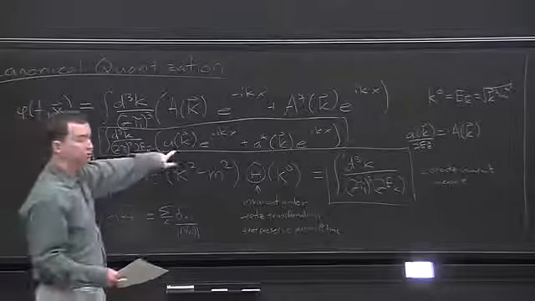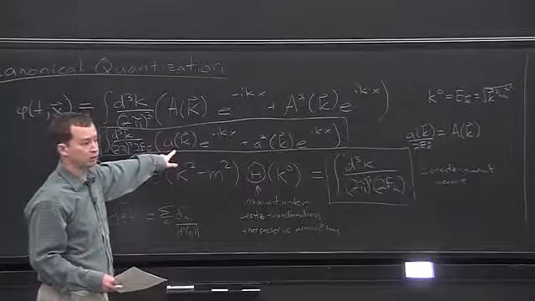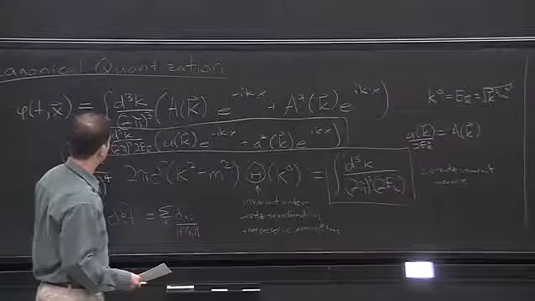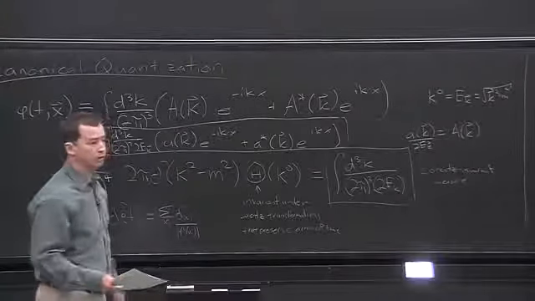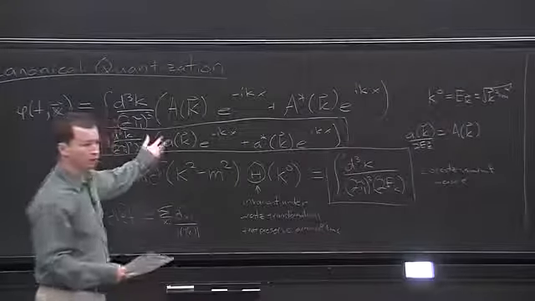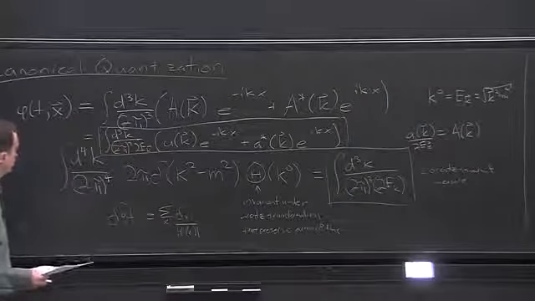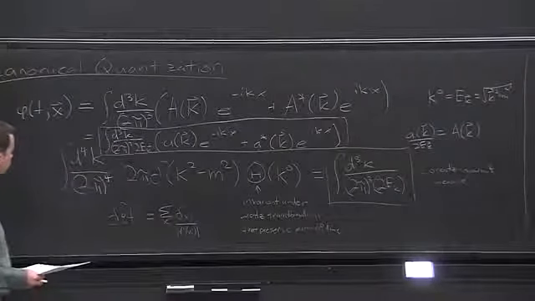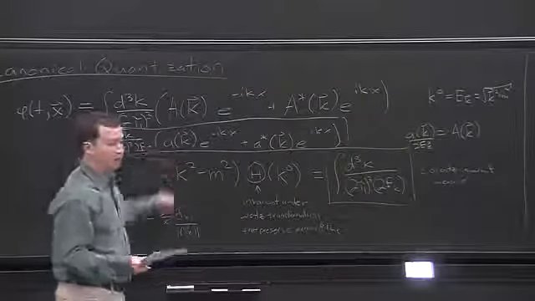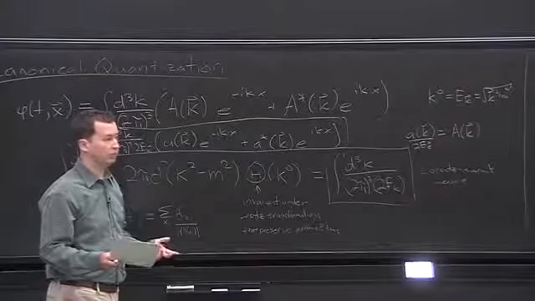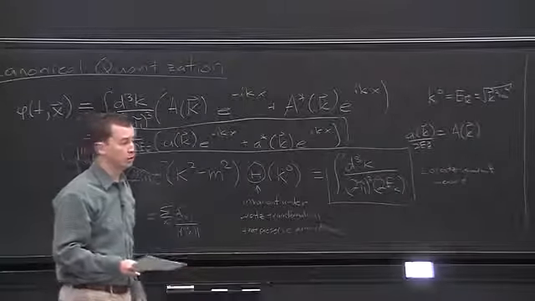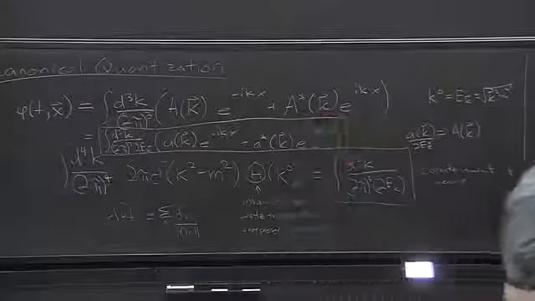So the integral of these A's has to be Lorentz invariant, but we don't know in general that they are, at least we can't directly see it. In fact, these A's and A daggers are going to create momentum eigenstates, which will transform non-trivially under a Lorentz transformation.